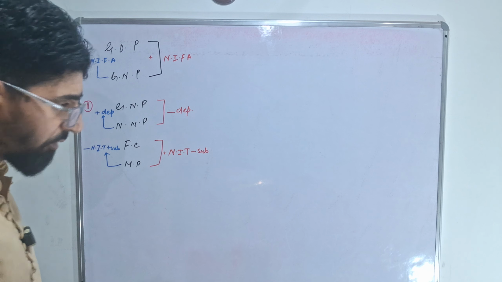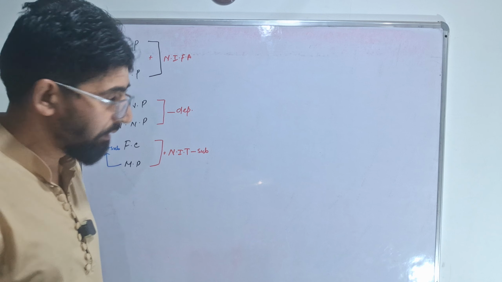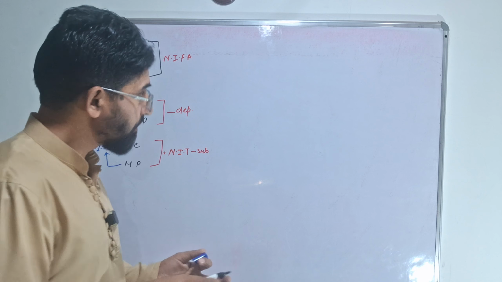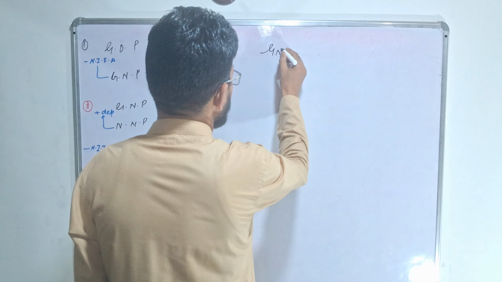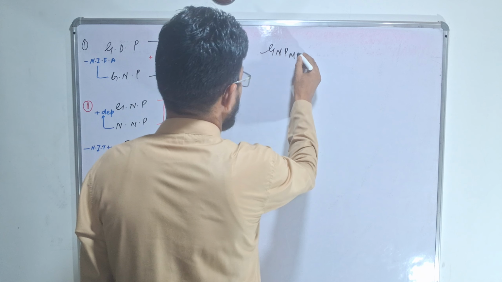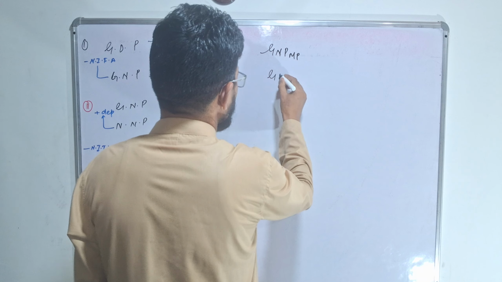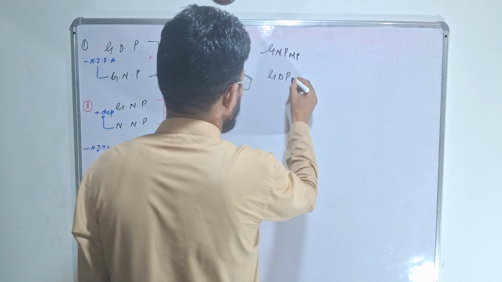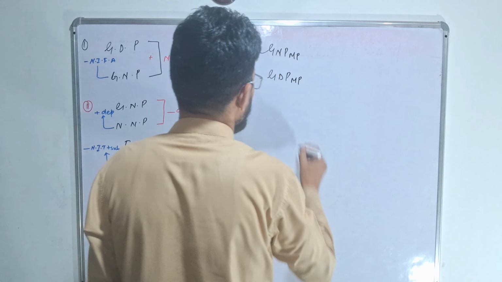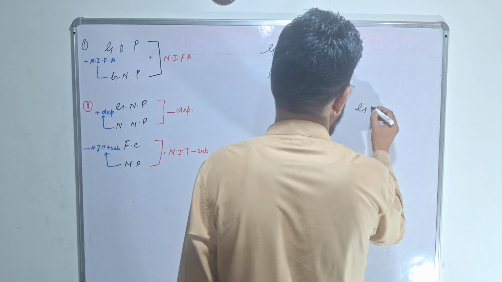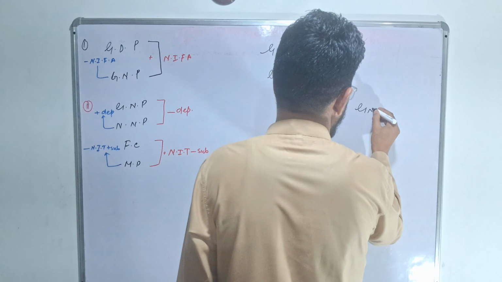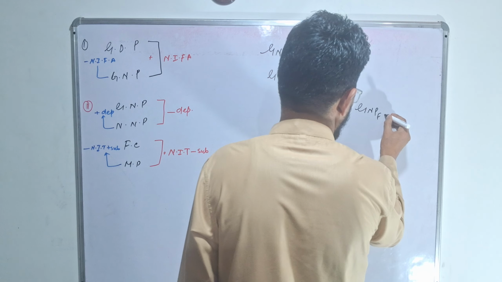Now I will show it with the help of a diagram. Gross national product at market price, gross domestic product at market price. Similarly, I will write here gross national product at factor cost.